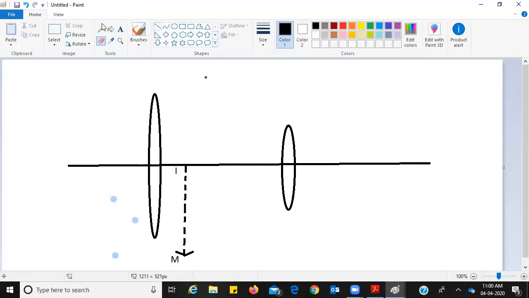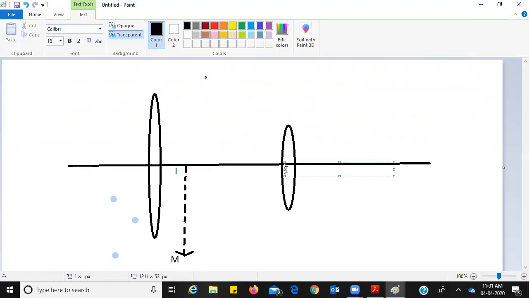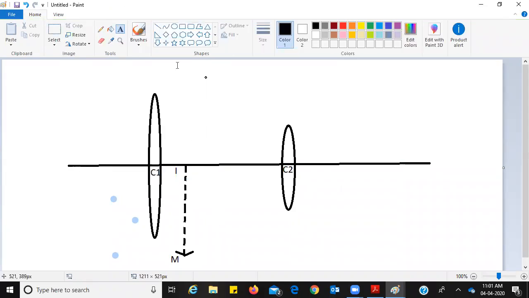So what we follow, do you remember the first case, what we did? From M, you draw through C2. Through C2, and C1. If you draw through C2, you go like this.